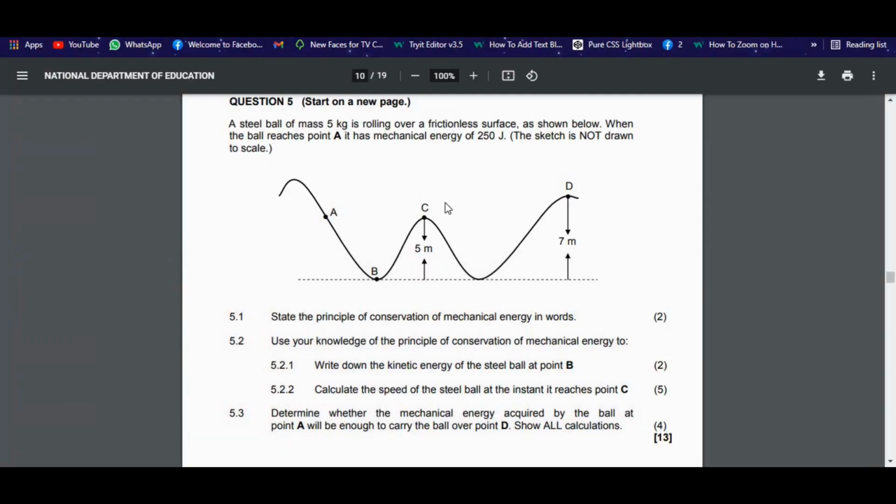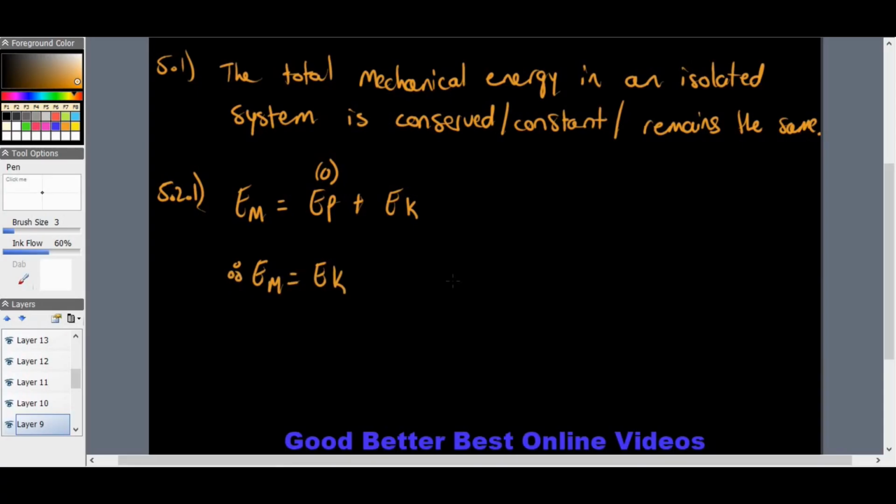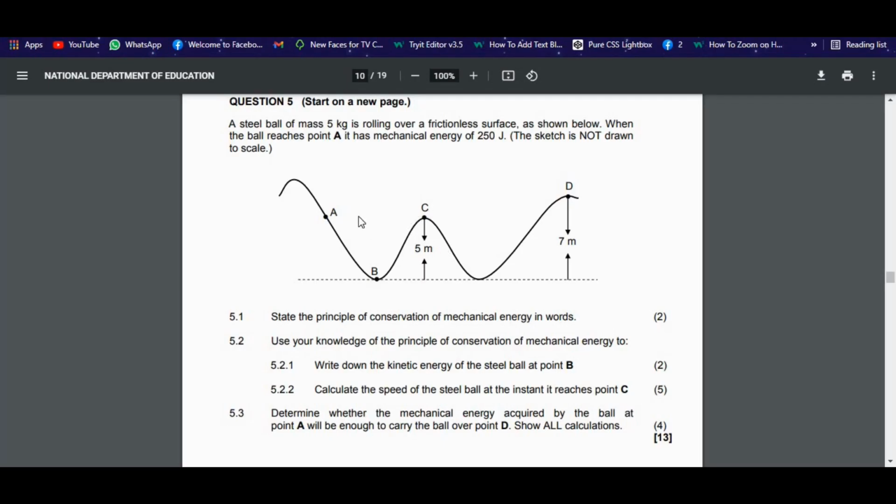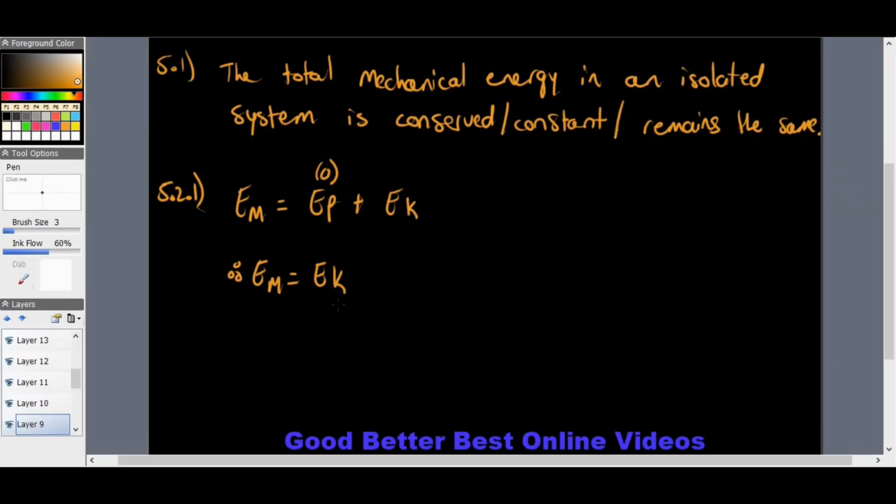Now in the question it said at point A, the mechanical energy is 250 joules. Now they want to know what is the object's kinetic energy at point B. And we were given EM. They said EM is equal to 250 joules.